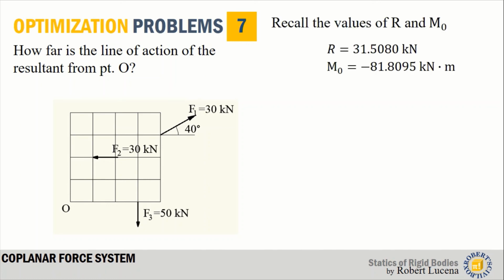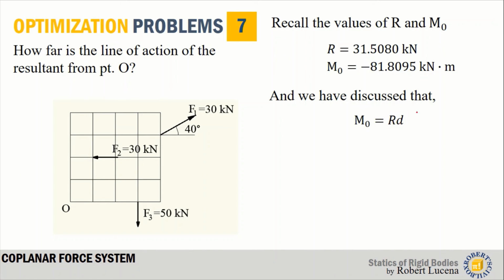Now, how far is the line of action of the resultant from point O? If what is asked is the location of the resultant, how far is the resultant from point O? We have the moment equal to negative 81.8095 and the magnitude of the resultant equal to 31.5080, and we have discussed that the moment induced by the resultant about point O is simply the product of its magnitude and its perpendicular distance.